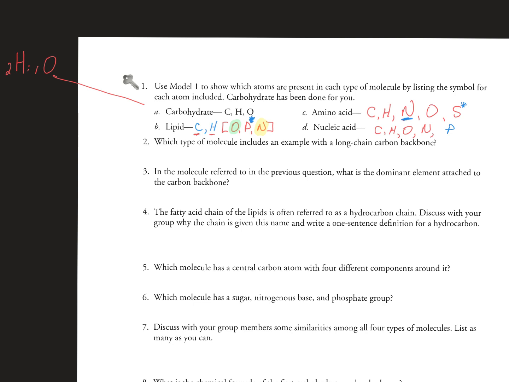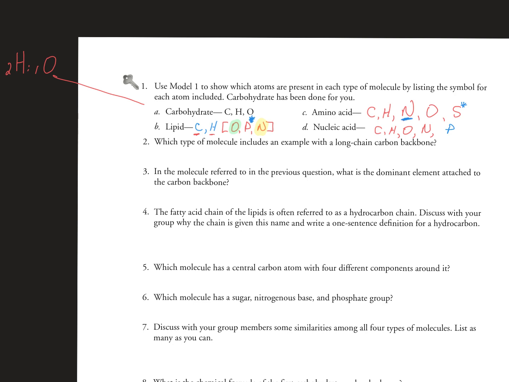But if you wanted to tell the difference between these 4, these are the elements that are found in each one. Which type of molecule includes the example of long-chain carbon backbone? Now it says carbon. If it said carbon and phosphate, then it would be DNA. But it says long chains of carbon as the structure upon which everything is built, the backbone.